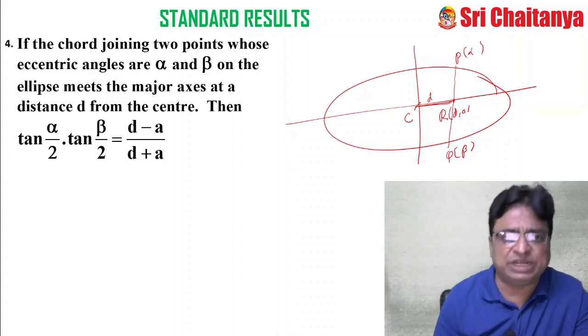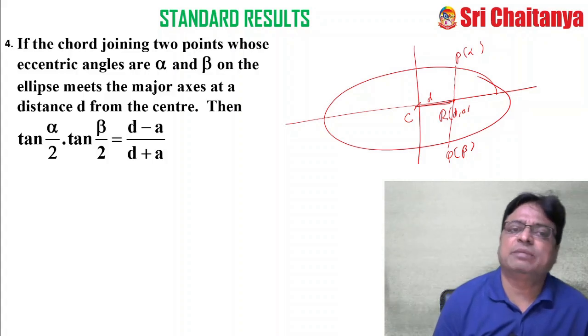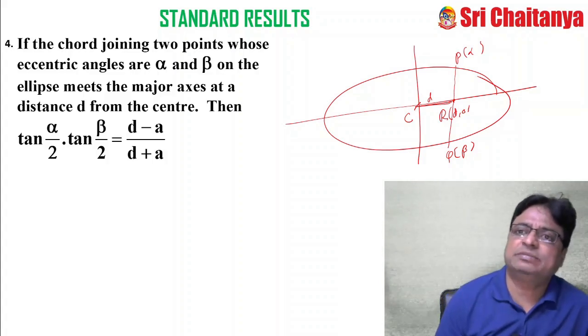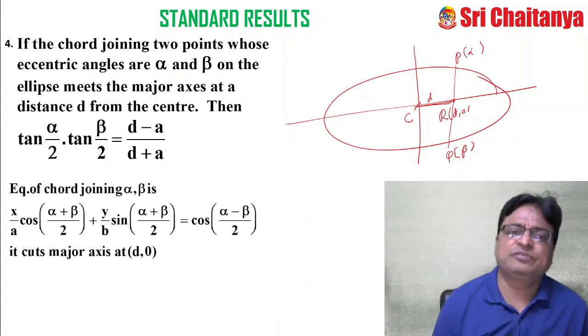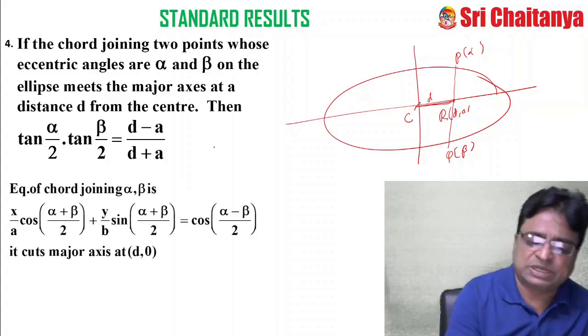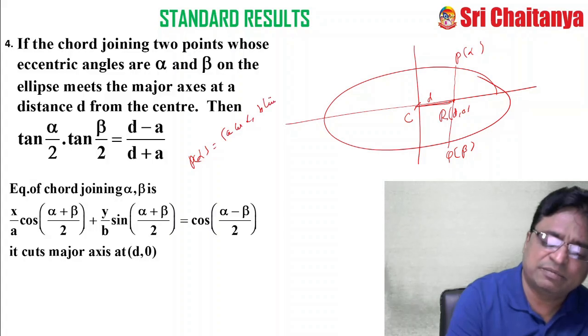Now they are asking to find tan(alpha/2) into tan(beta/2) equal to (d minus a) by (d plus a). Here, you know what P of alpha is? P of alpha is (a cos alpha, b sin alpha). And Q of beta is (a cos beta, b sin beta).